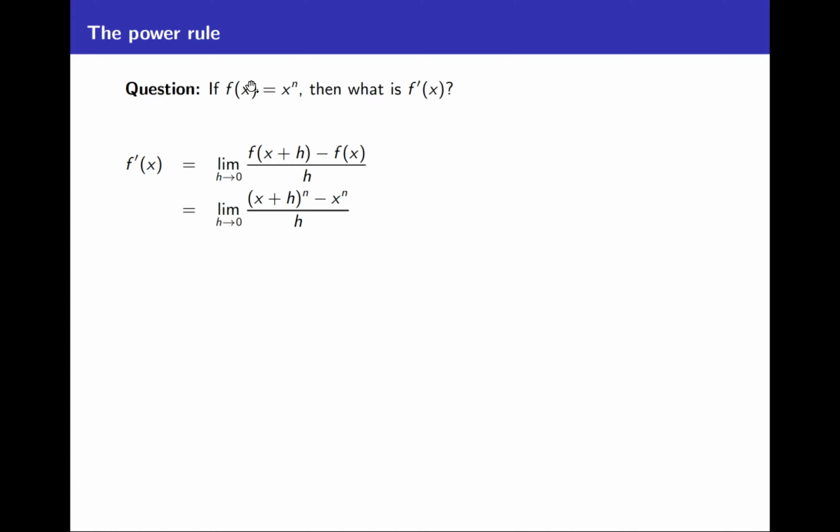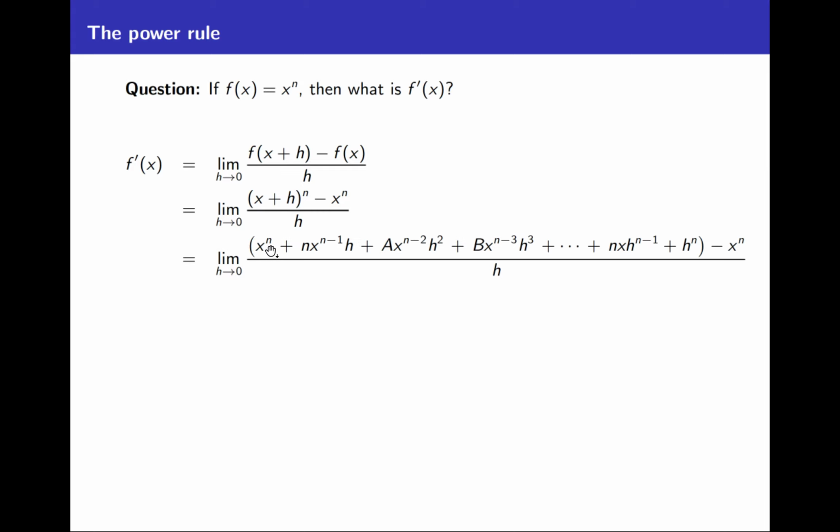That's our function. F of anything is that to the power of n. So f of x plus h is x plus h to the power of n. And then we have a minus f of x, and f of x is x to the power of n. So f prime of x is going to be the value of this limit. On the previous slide, we talked about the structure of x plus h to the power of n.